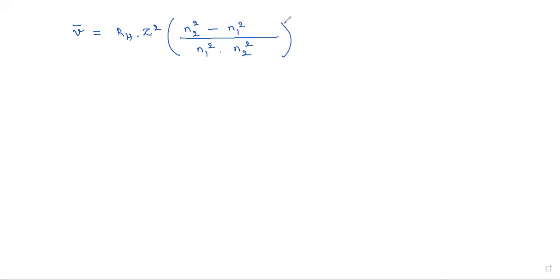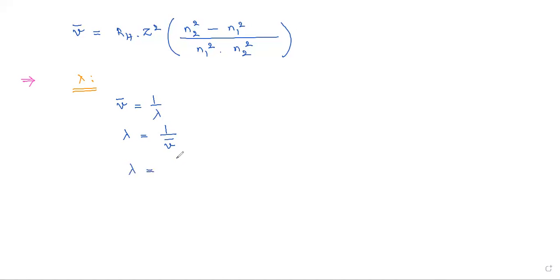Now, let us go for the expression for lambda. We know that nu bar is equal to 1 by lambda. So lambda can be written as 1 by nu bar.